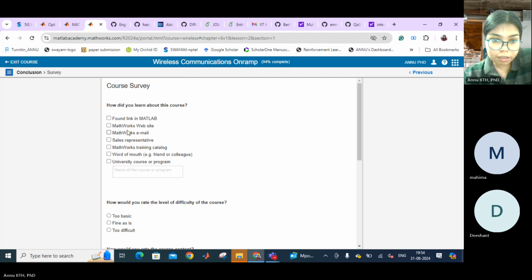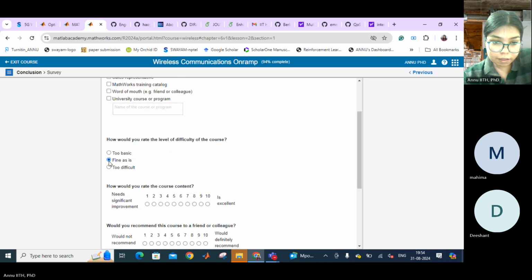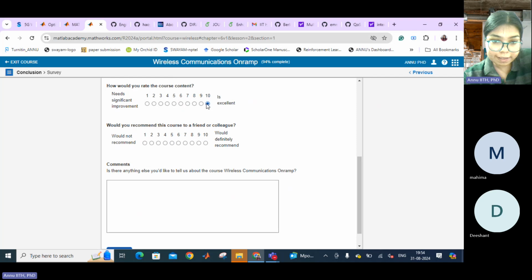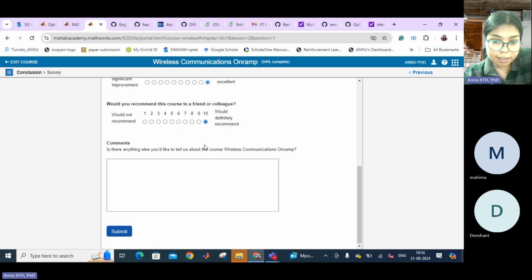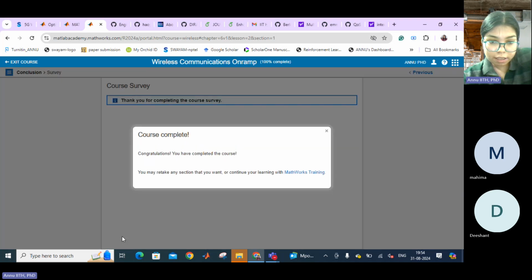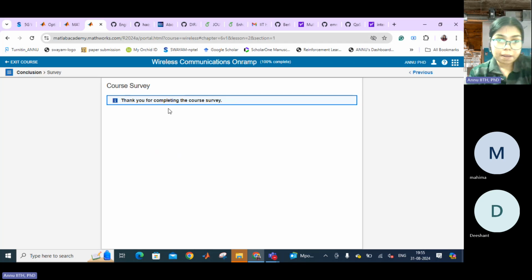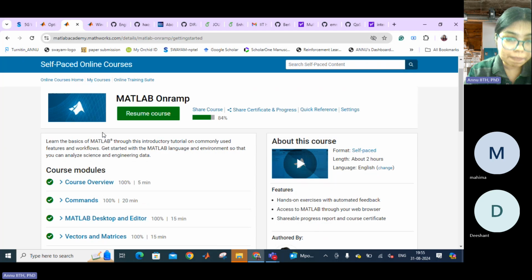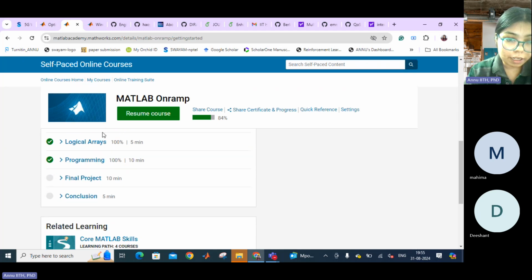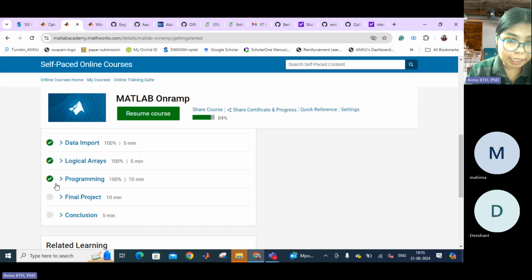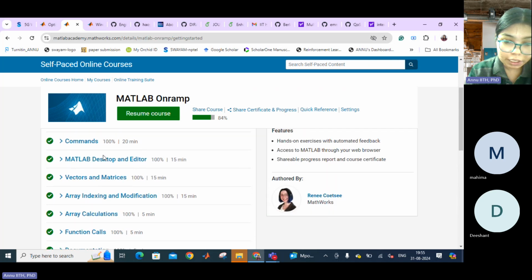It's excellent, excellent. Okay. So this was one of the MathWorks trainings, but we also saw the basics of MATLAB. We covered everything here: logical arrays, programming, documentation.